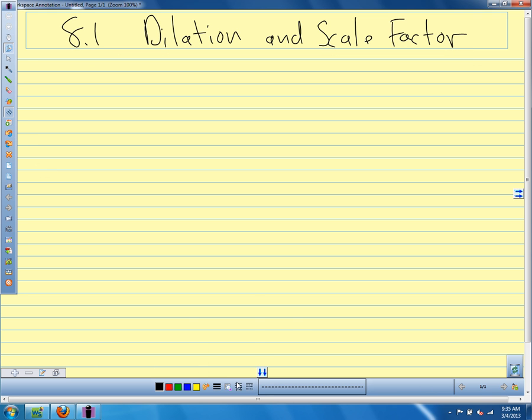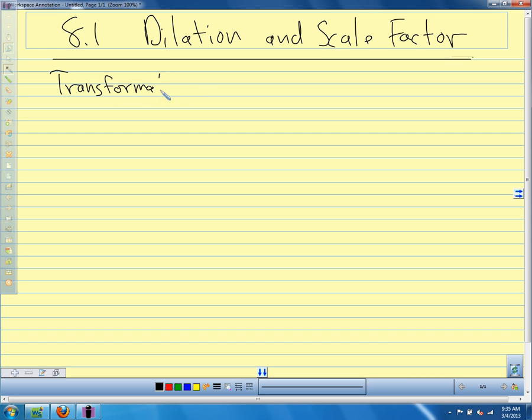So in chapter 2, well, that was a while ago, but in chapter 2 we talked about transformations, and we talked about three kinds of transformations. Does anybody remember what transformations we talked about in chapter 2?